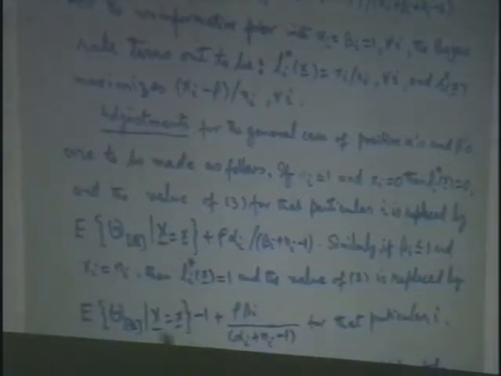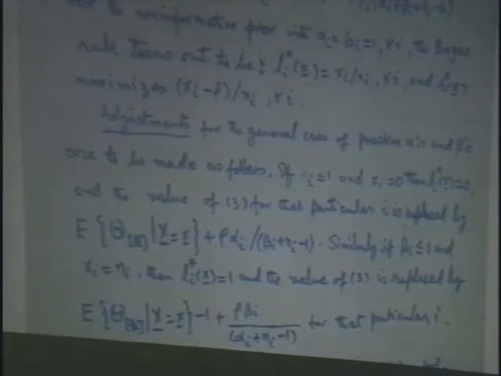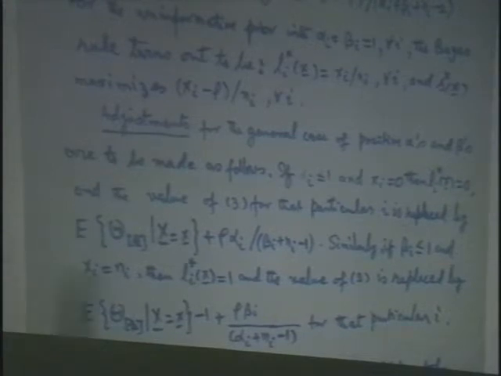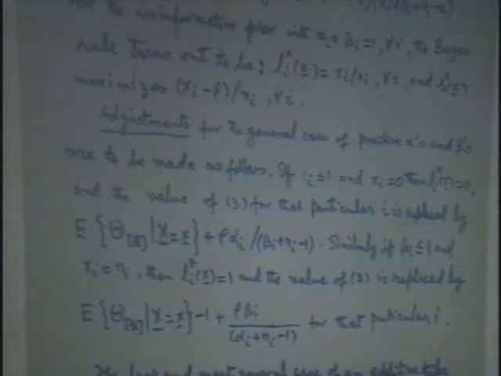If beta i is less than or equal to 1 and xi is equal to ni, then in that case Li star x is 1, and the value of 3 is to be replaced by this particular equation here.